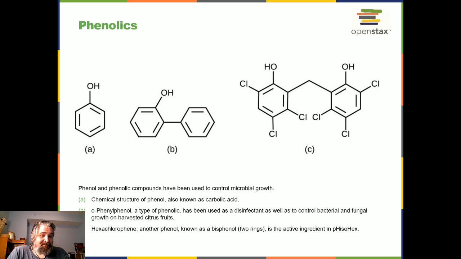And then we have the cresols, the methylated phenols, O-phenylphenol, and Lysol. And then hexachlorophene was discontinued. It used to be used for bathing infants because it caused neurological problems. And that's hexachlorophene.